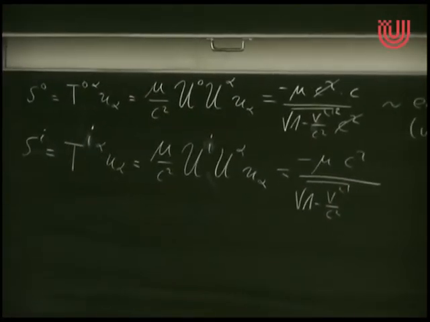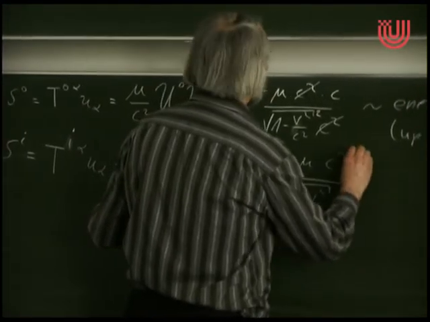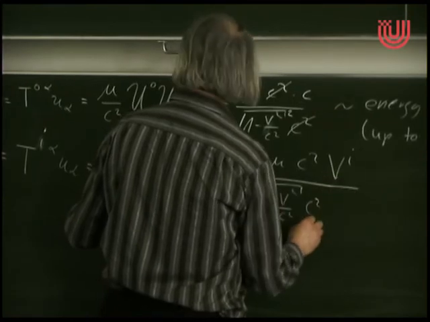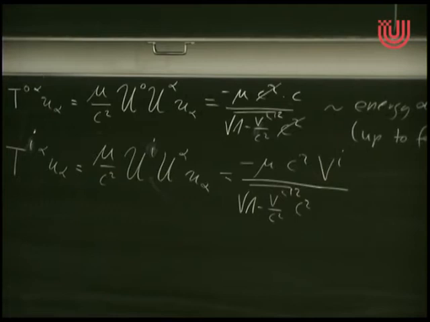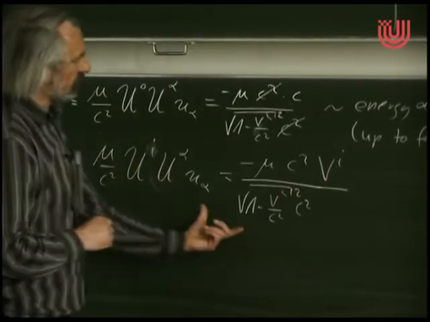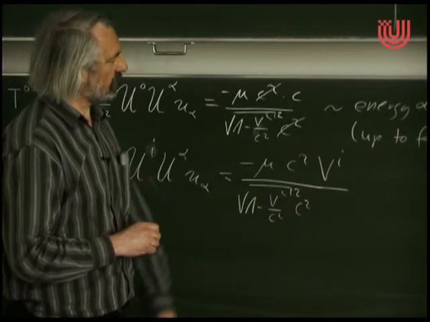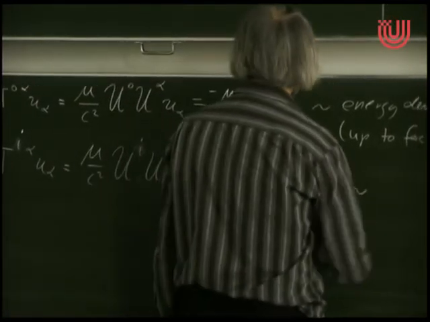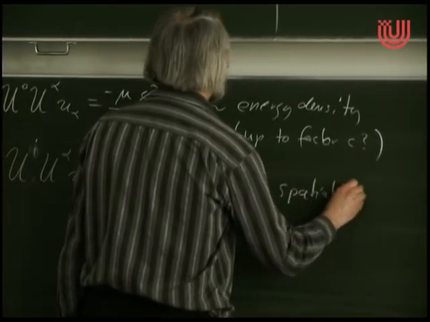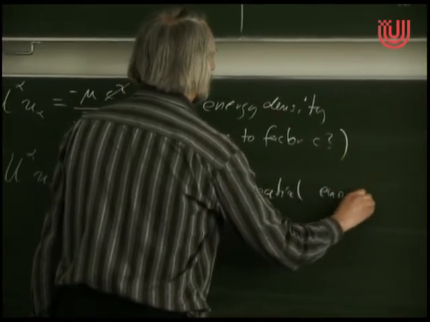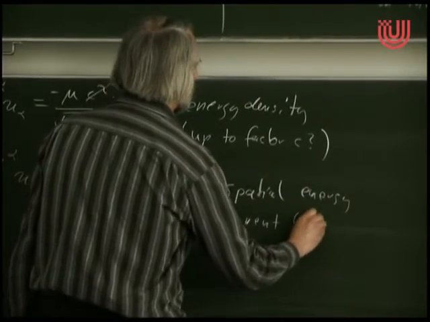And then I have the U I, I have another C squared. The U I is V I over the square root. And again, I had the wrong dimension. What I wanted to get is the energy density times the velocity in terms of C. And there's again a C missing. But this is the spatial energy current, again up to factor C.